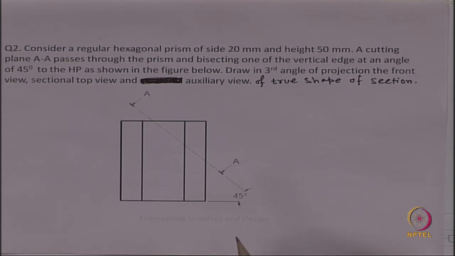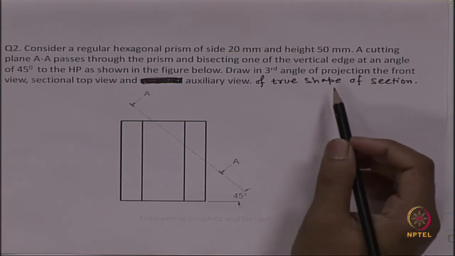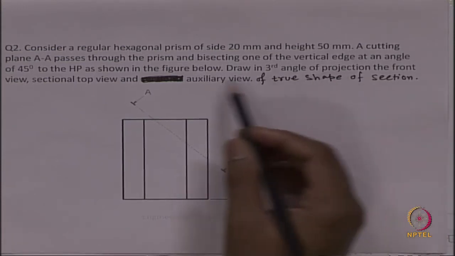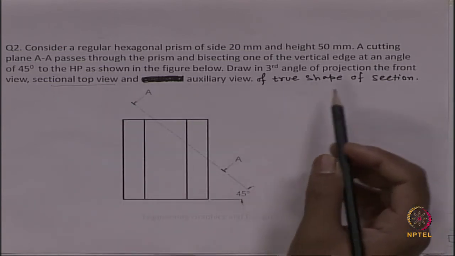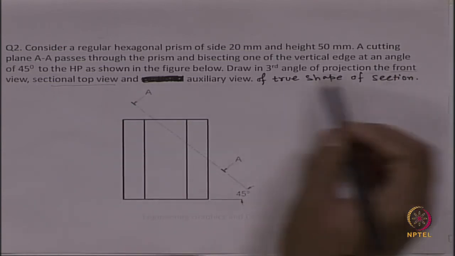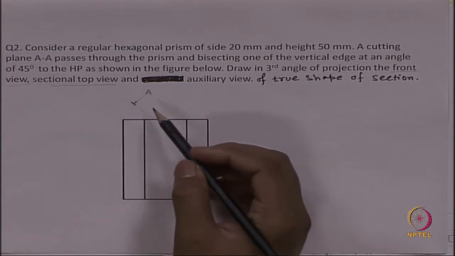For the auxiliary view, we need the help of two different views. One is the adjacent view, another is the related view. What the adjacent view and the related view are has been covered in the class, but in this particular drawing I want to mention that our sectional top view will be the related view and the front view will be the adjacent view.